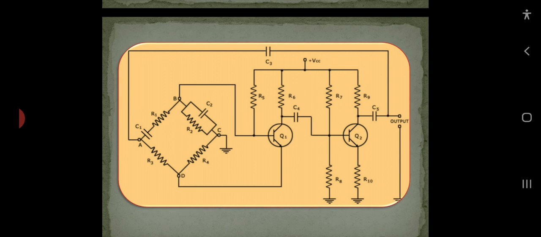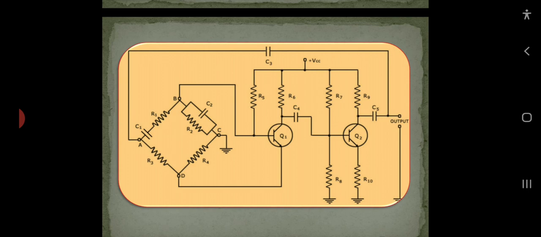And R3 and R4 are simple biasing resistances, voltage divider resistances connected in series in the bridge. And this bridge is connected with Q1 Q2 as per the circuit. Basically, this bridge is very sensitive towards the frequency, and we can tune or select a particular frequency by managing the capacitors C1 and C2 simultaneously. This is the beauty of this Wien bridge oscillator.